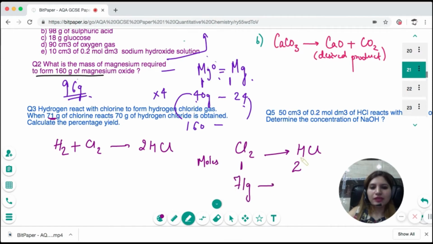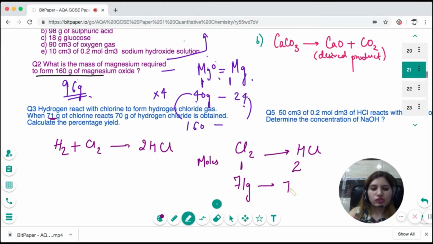And what will be the mass of 2 moles of hydrogen chloride? The mass of hydrogen chloride is 35.5 plus 1, which is 36.5 times by 2.